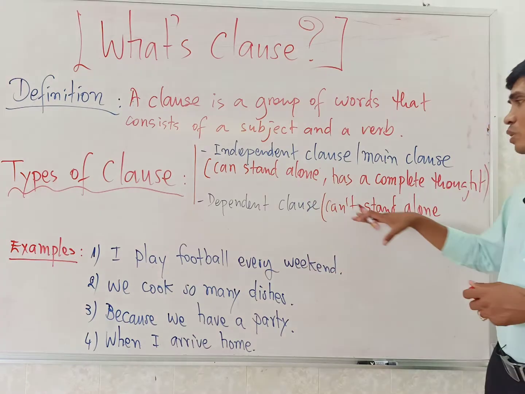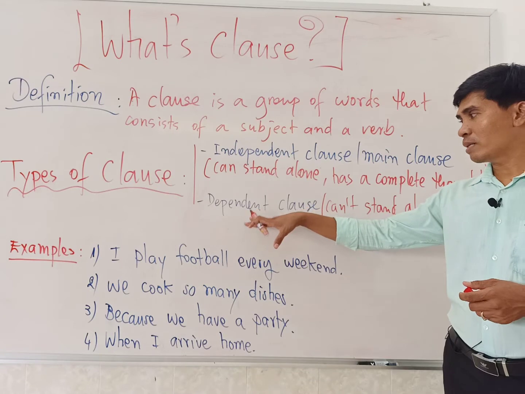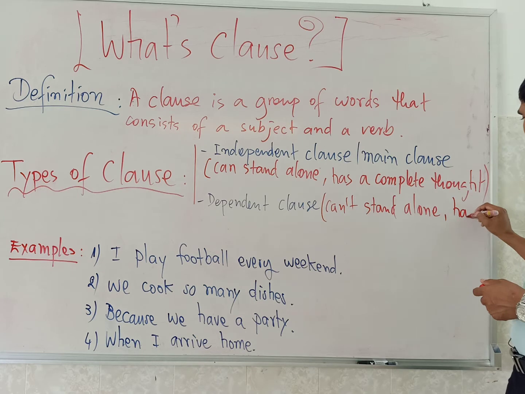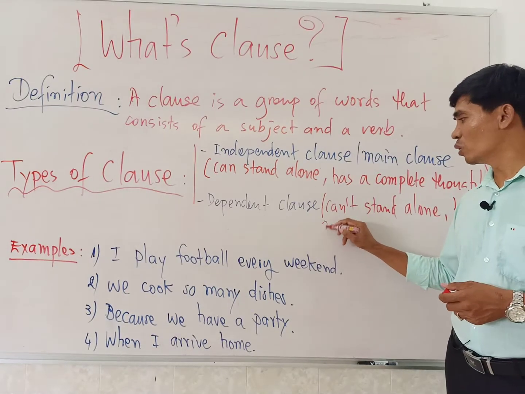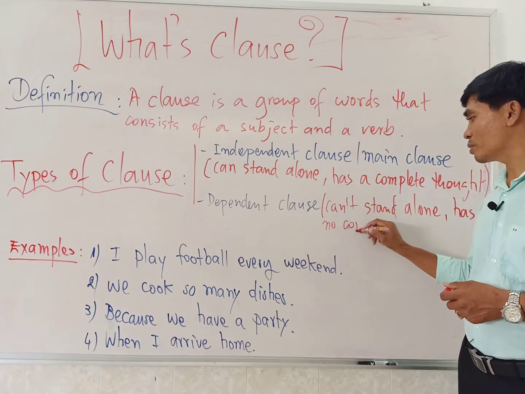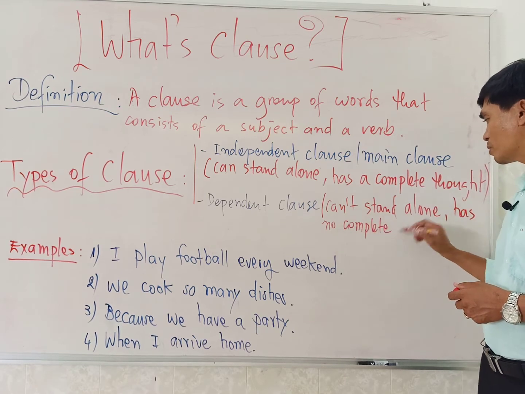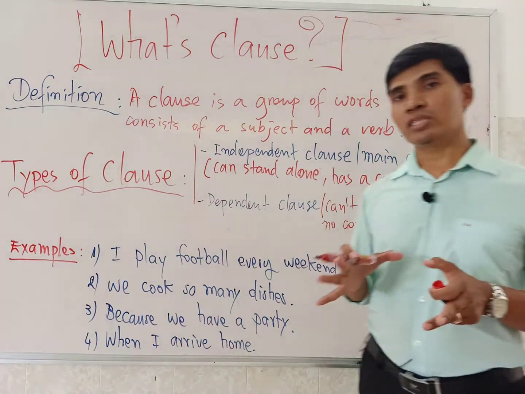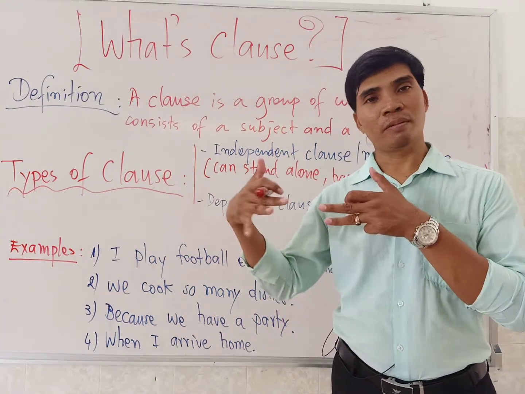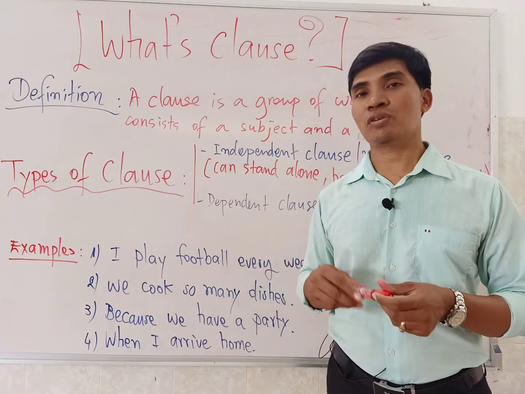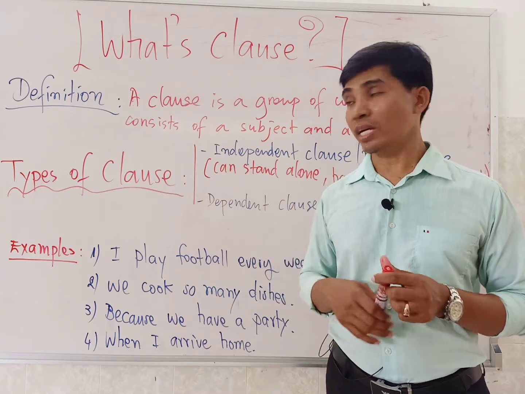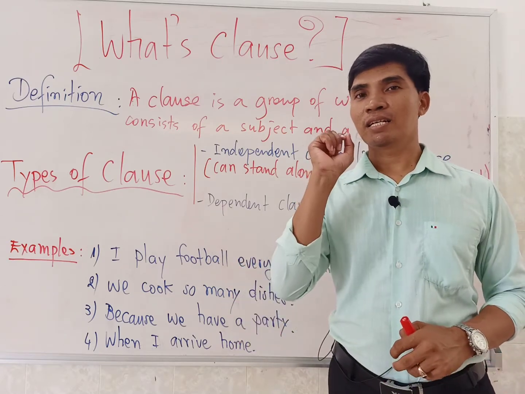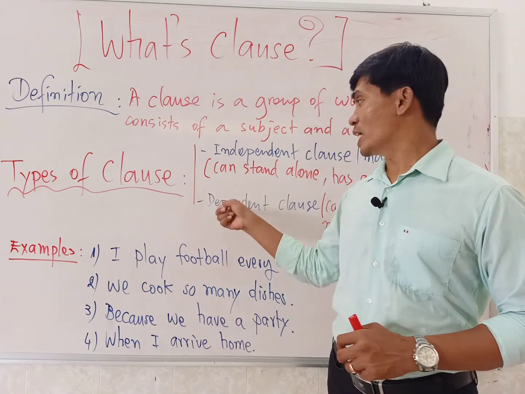It has no complete thought, so it does not make sense by itself. That is called a dependent clause. So far you have learned the types of clauses: main clause and dependent clause.